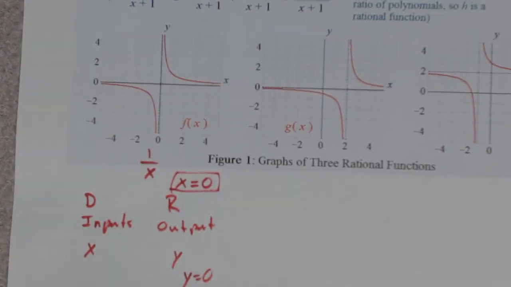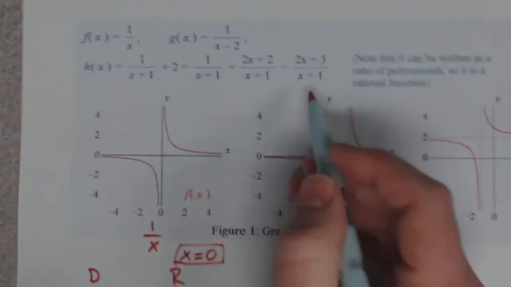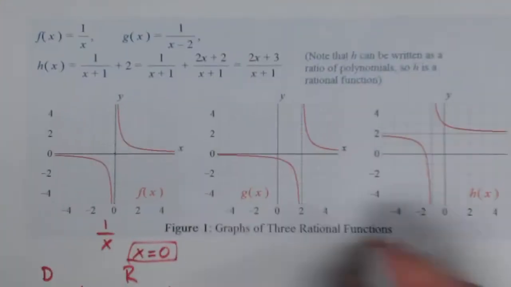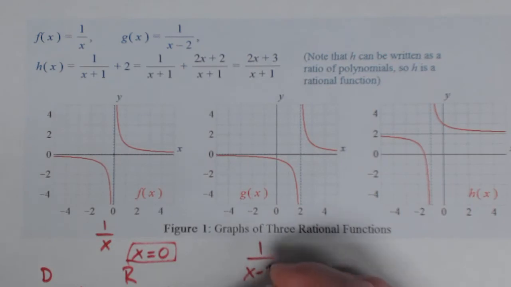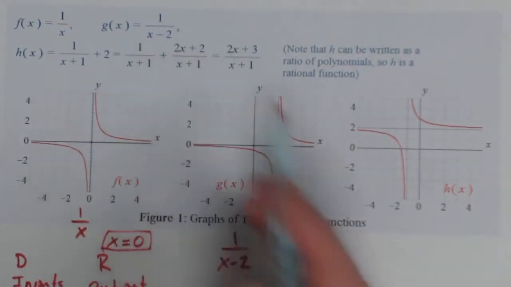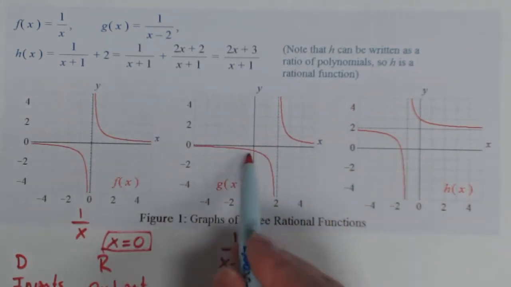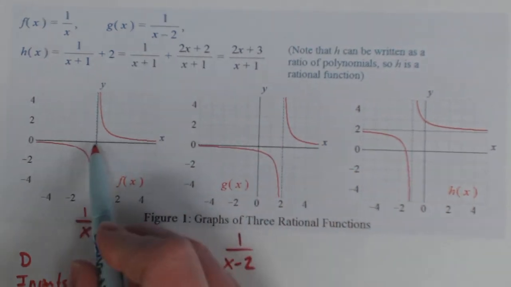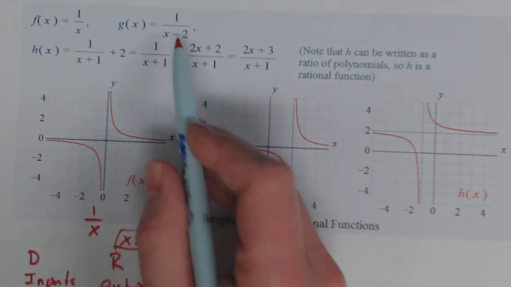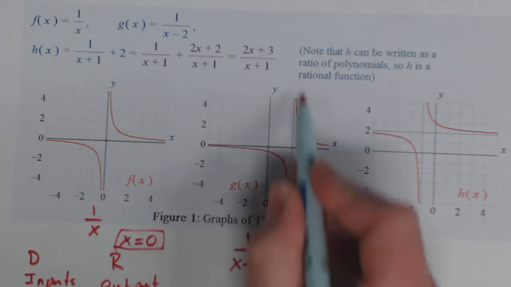At y equals 0. Well, remember how we said about the transformations of functions? This is 1 over x minus 2. The minus 2 part, remember what that does? It shifts it to the right 2. And essentially, it just shifts the original vertical asymptote to the right 2 spots. The minus 2 is to the right 2. So it takes that and shifts it to the right 2.